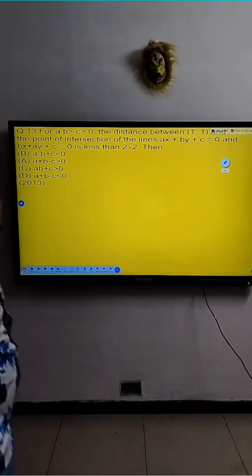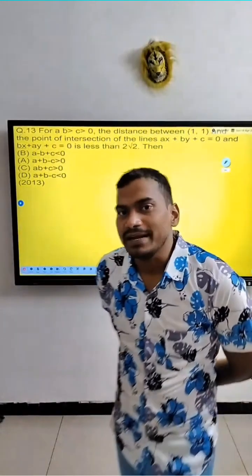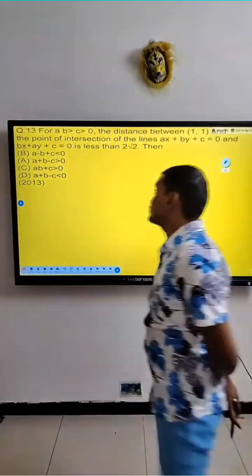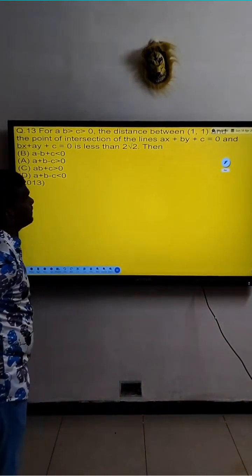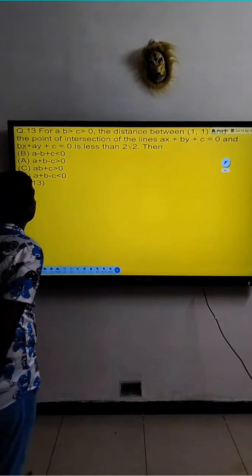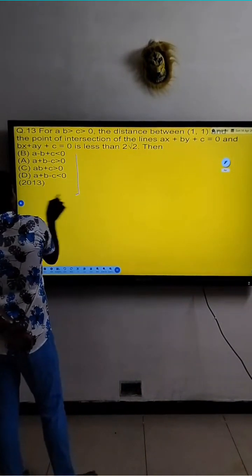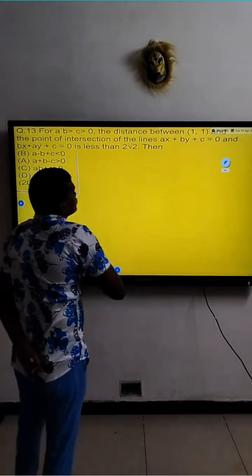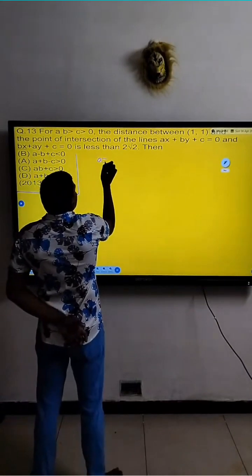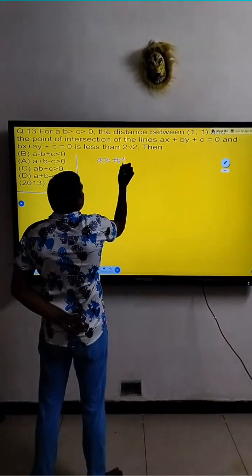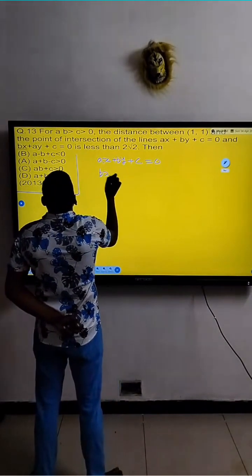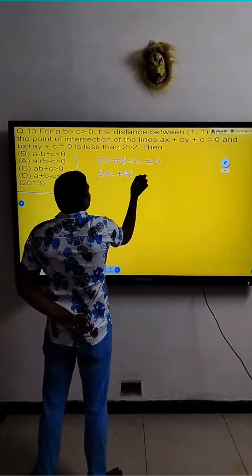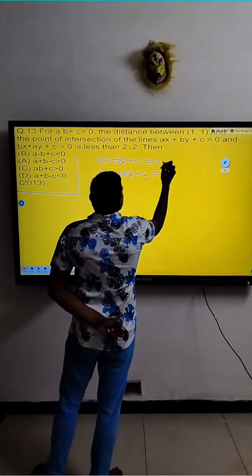Alright, come to the next question. JEE 2013. See this question. A, B, C are positive and the distance between (1, 1) and the point of intersection of these lines is less than 2 root 2. So, Ax + By + C = 0, Bx + Ay + C = 0.